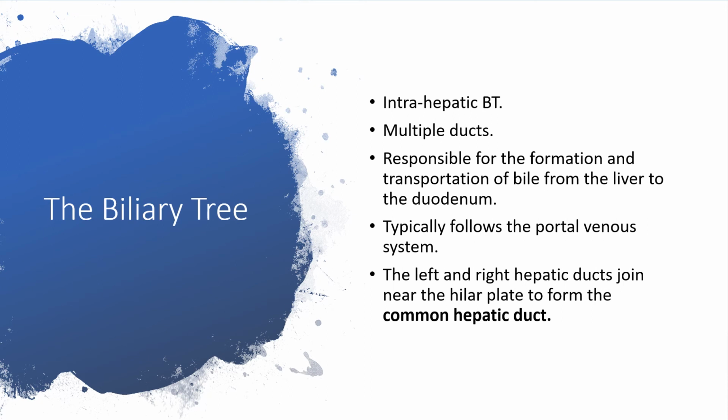The biliary tree. The intrahepatic biliary tree has multiple ducts and is responsible for the formation and transportation of bile from the liver to the duodenum. It typically follows the portal venous system. The left and right hepatic ducts will join near the hilar plate to form the common hepatic duct.